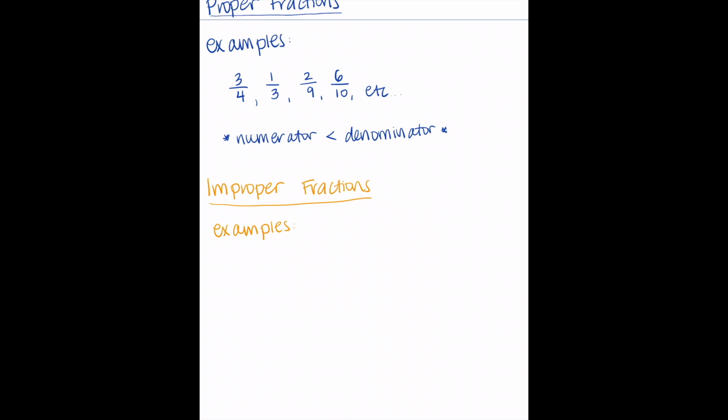There's a bunch of examples, but the few that I have written here, we can have something like 4/3, we can have 5/2, we could have 8/5, we could have 7/4, and so on, any combination. But the key thing is that our numerator is now greater than our denominator. We can visibly see that.